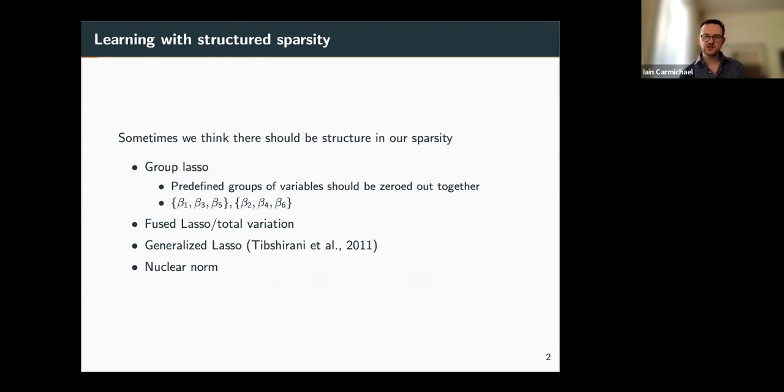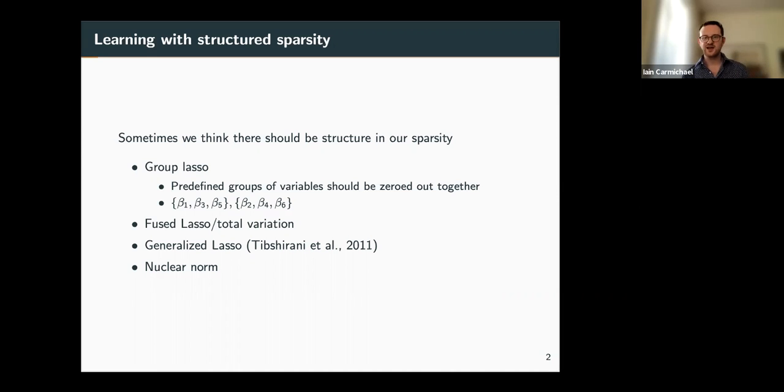But sometimes we think there should be some structure in our sparsity. The standard sparsity I'll refer to as entry-wise sparsity. But sometimes we think there should be some structure. For example, the group Lasso says there are predefined groups of variables that should all be in the model together or all zeroed out together.